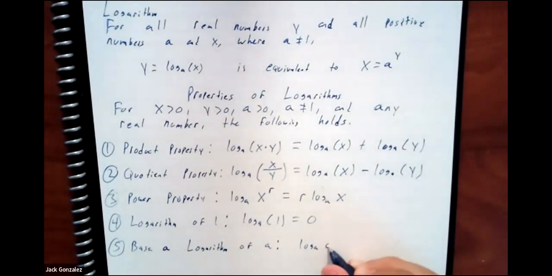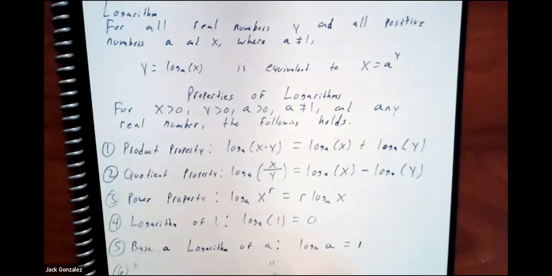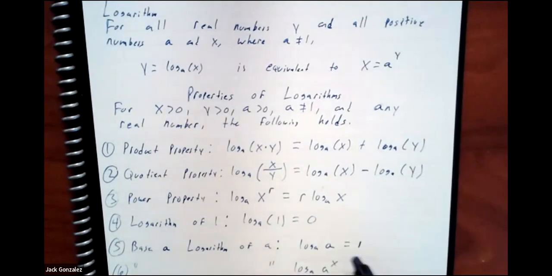If the base matches the argument, they cancel, leaving you with a 1. Or similarly, if it has a power, it'll cancel, leaving you just with the power that's up top.